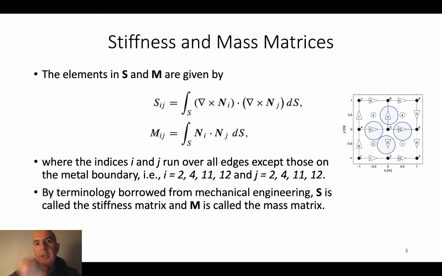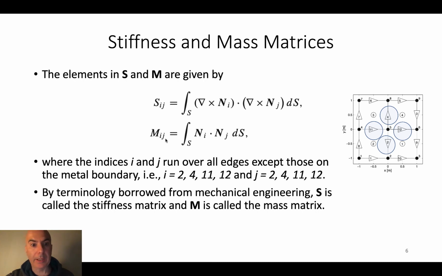As I told you, the real issue here is how to form and calculate the stiffness and mass matrices. The elements in the S and M matrices are given by the following expressions. Basically these are the integral of the curl of our interpolation function with the inner product of the curl of the interpolation function on a different edge.